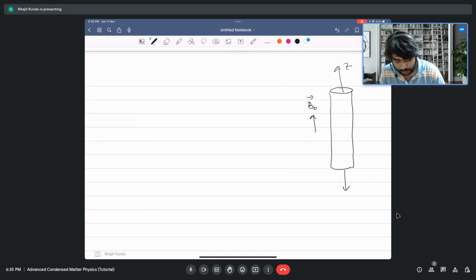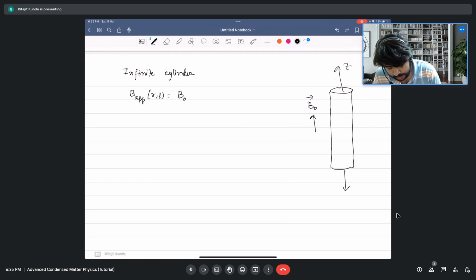So here also our main starting point is London's equation. This is an infinite cylinder, and we have this applied B, which is a constant in the z direction, and it has this oscillatory part.